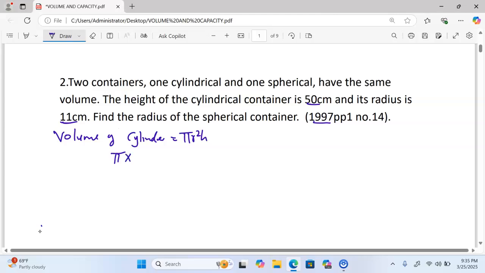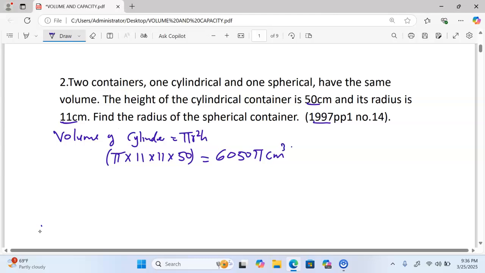We multiply by the radius squared, which is 11 times 11. We multiply by the height, which is 50, and this is going to give us a volume equivalent to 6050 pi centimeter cubic.